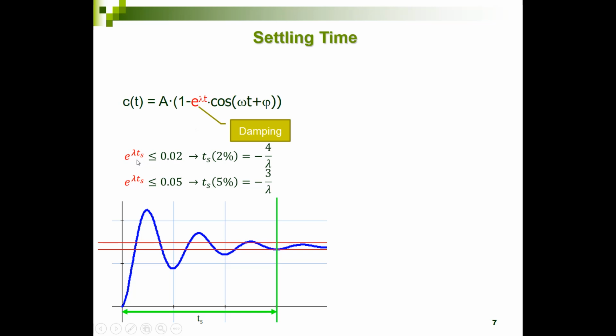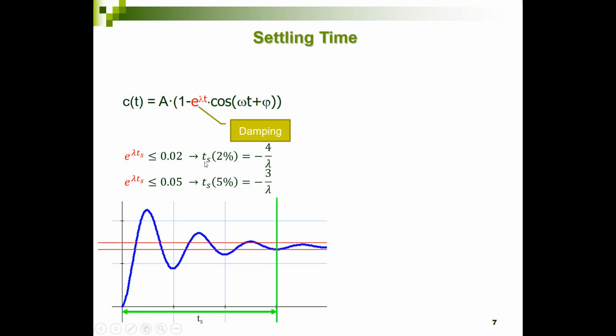Or we can also calculate the settling time. At least when it's equal to 0.02, then it's the natural logarithmic function of 0.02 divided by the lambda. So the natural logarithmic function of 0.02 is almost equal to -4.